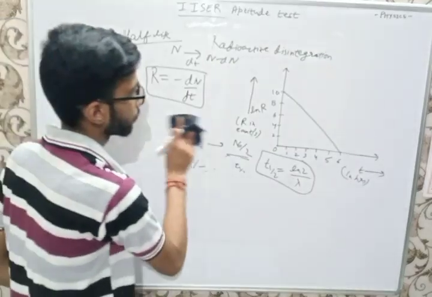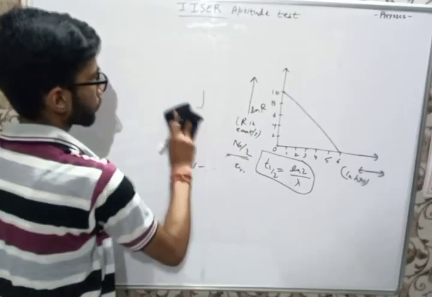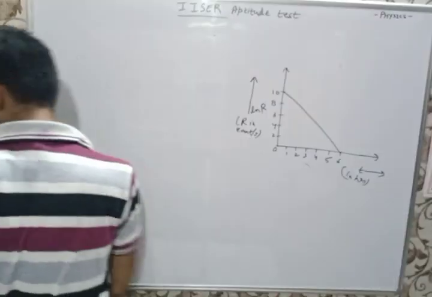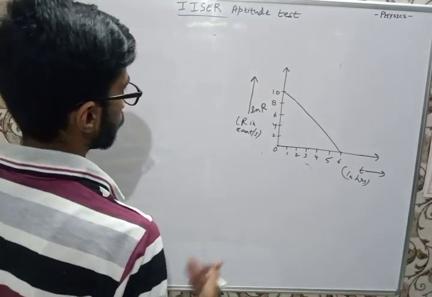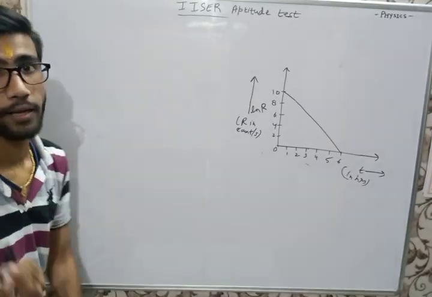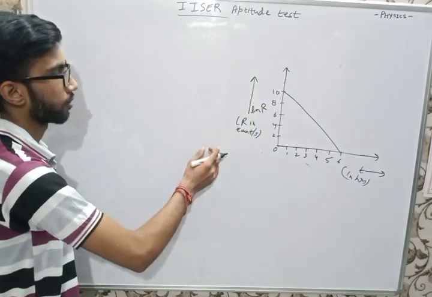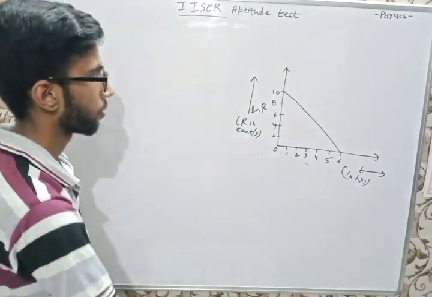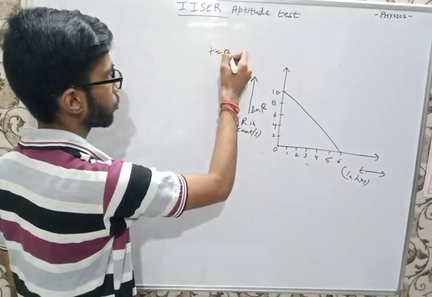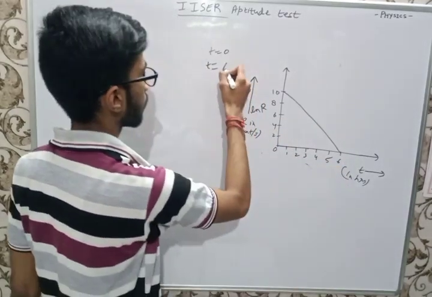Okay, so let me erase all this. Basically you have to find t half. For t half I need this disintegration constant. So from the graph choose two values. I choose time t equal to 0 first, and second t equal to 6 hours.